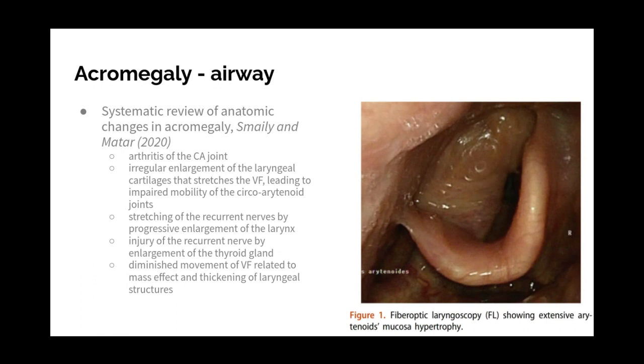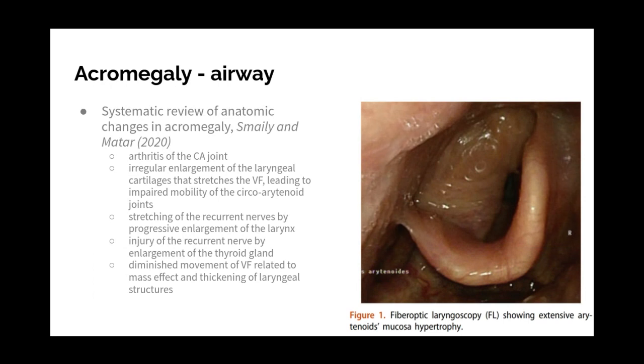And this can certainly pose difficulties for us when we're managing these patients' airways. And so on the left is a list of the most common things that the authors found with regards to changes that occur.